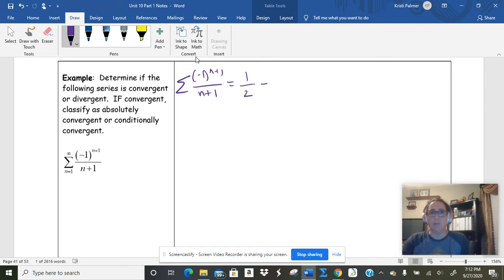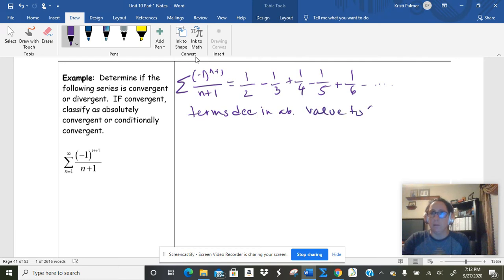Then I plug in 2, and that's a negative 1/3. 4, 5, 6. Okay, and it keeps going. And I can see that these terms decrease in absolute value, and they're getting closer to 0. So this converges by the alternating series test.